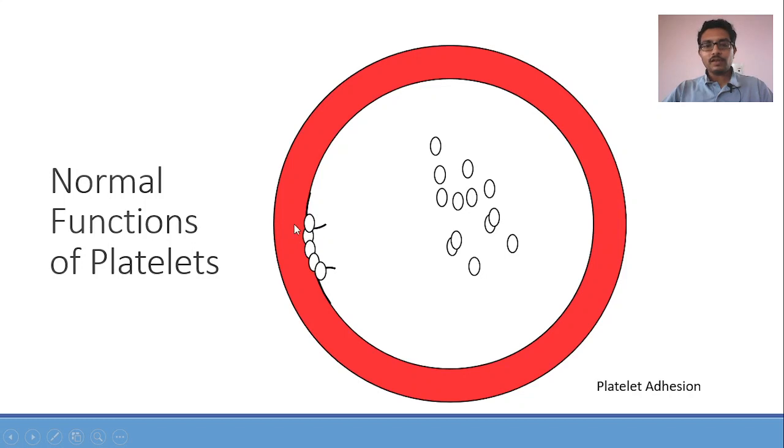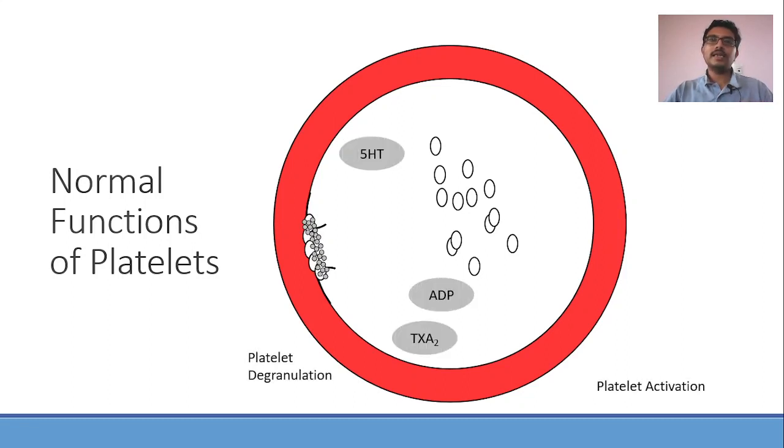Now, once the platelets get attached to the exposed subendothelial collagen, they will undergo something called platelet activation. What is the meaning of platelet activation? They will start getting degranulated. They will start secreting certain chemicals such as serotonin, ADP, thromboxane A2, and they also lose their shape. They are plate shaped, that's why they are called platelets, right?